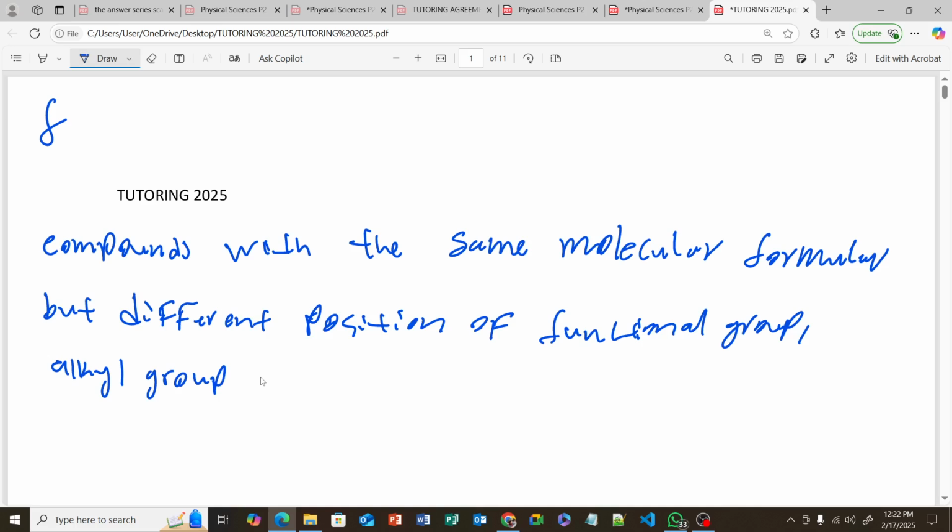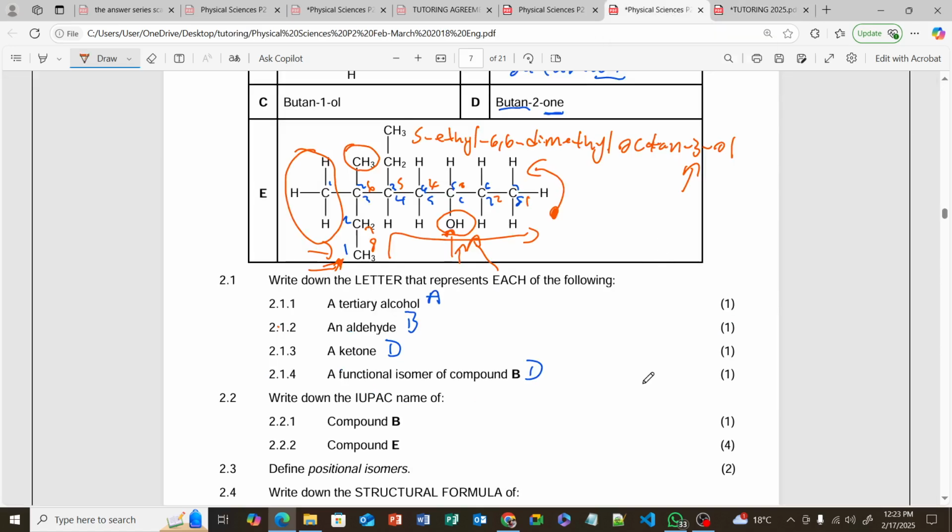So it is best that you know that if it is a positional isomer, it will be molecules of the same functional group. The difference is that the position of the functional group will be at a different location. Okay, but they will fall within the same functional group. Okay, I hope that is loud and clear.